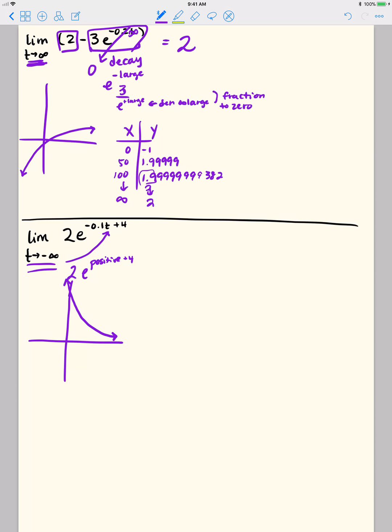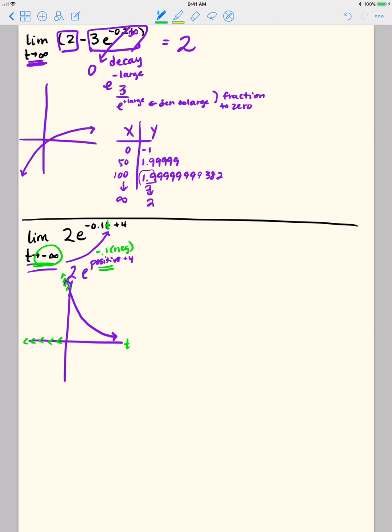But we're trying to look at what happens as the t values approach negative infinity. So that's this left portion of the graph. As those t values get further and further negative, the graph sort of shoots up to positive infinity, which you would expect, because if you plugged in negative values for t, you'd have negative 0.1 times a negative number turning it positive.